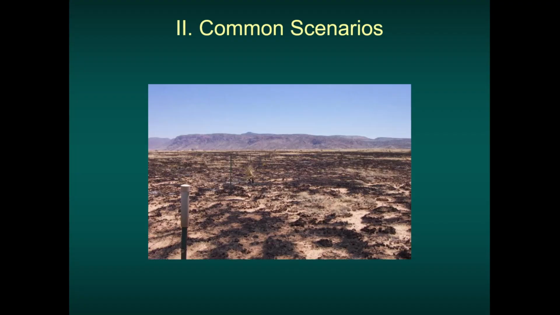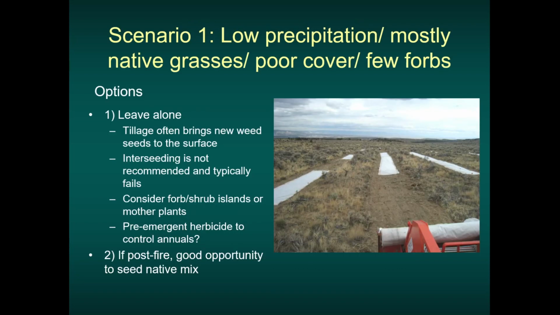So right now I want to talk about just a couple common scenarios we run into and the decision-making process for each one of these. So in the first scenario, we've got a low precipitation range site. It's got a good complement of native grasses, but there is limited cover and very few native forbs. So my first thought coming into sites like this is it might be best just to leave it alone.